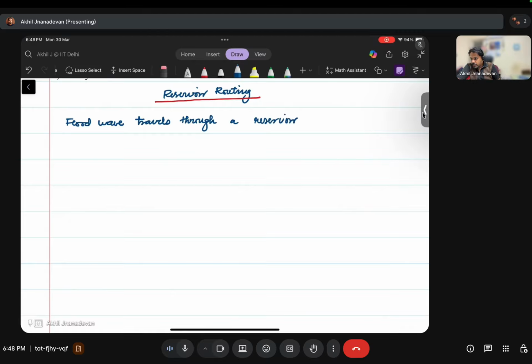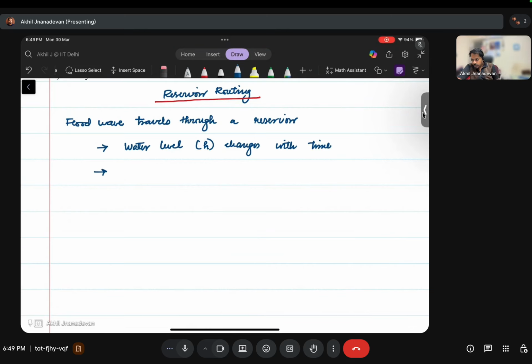Water level changes with time, and the storage and outflow also change with time. So the water level, or H, changes with time. That is, when flood water comes in, the level of water in the reservoir changes, right? So as the water level changes, the storage changes.